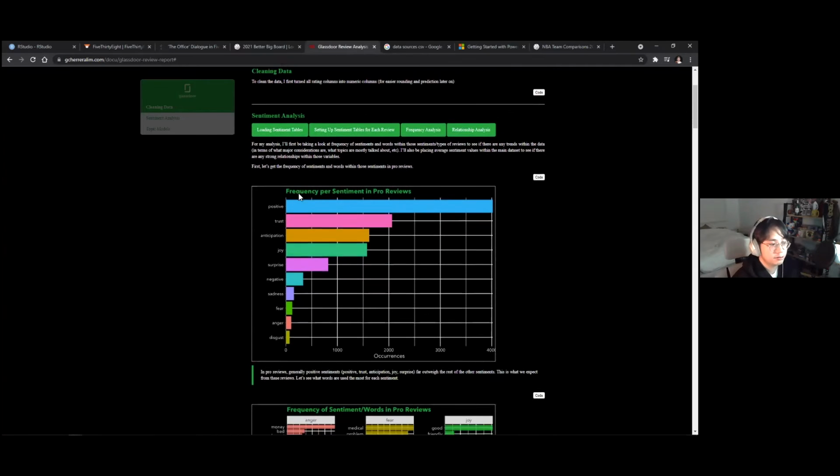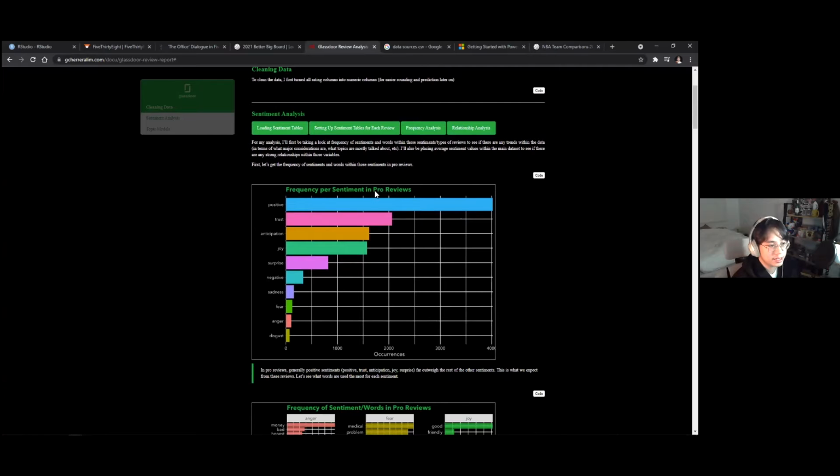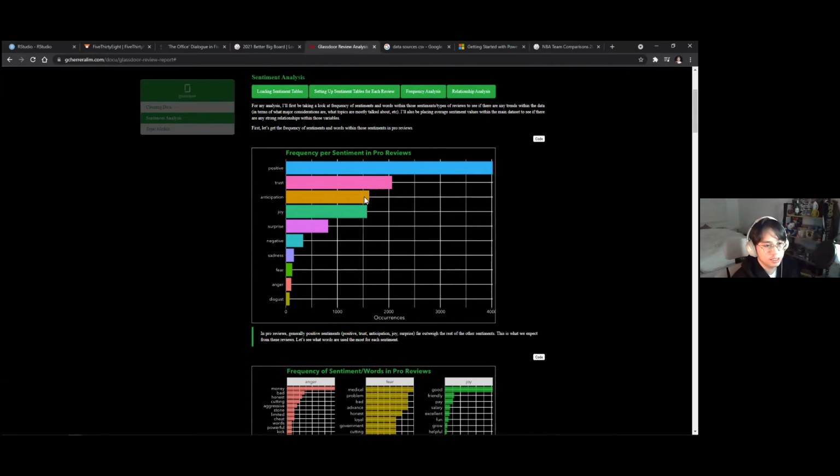So what I did was I got the frequency per sentiment, so which words or which emotions were the most occurring across all the reviews. Obviously there's positive, there's trust, there's anticipation, but there's also disgust, anger, fear, sadness, and negative. So you can see that there's a wide spectrum of things that you can do there.